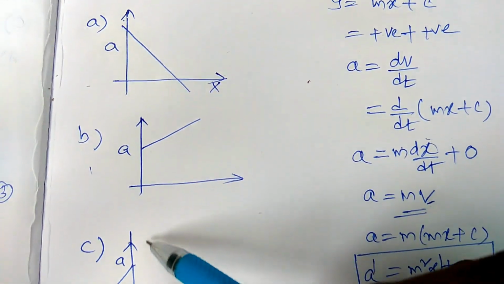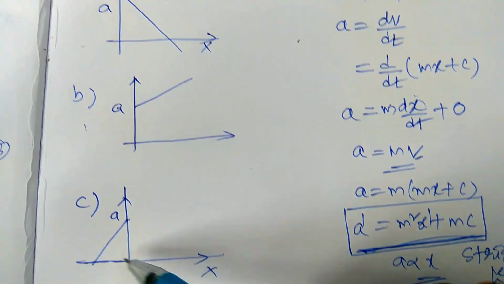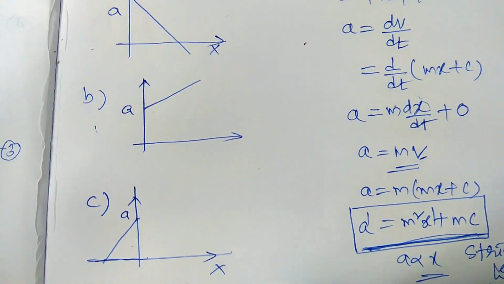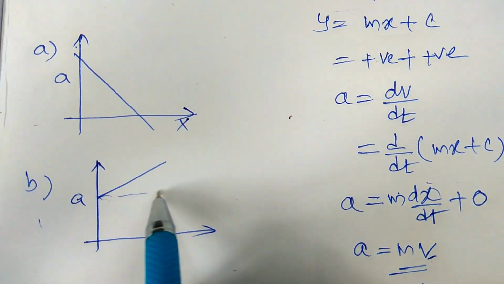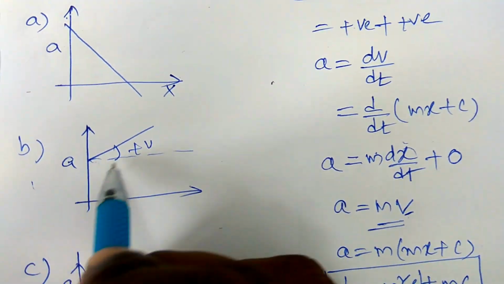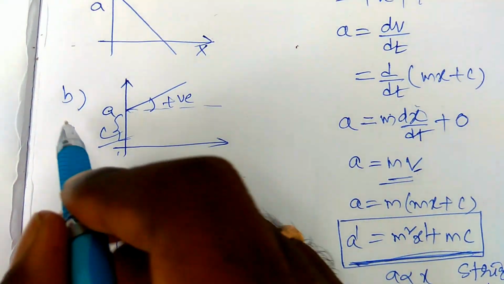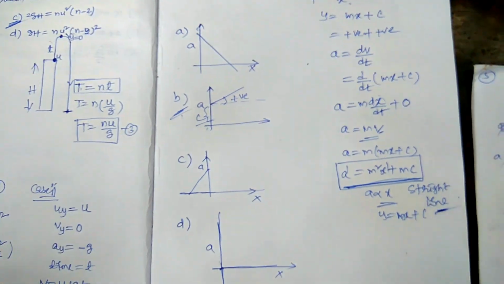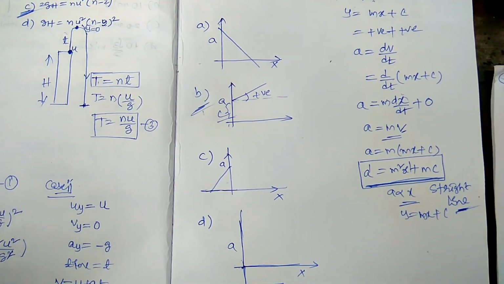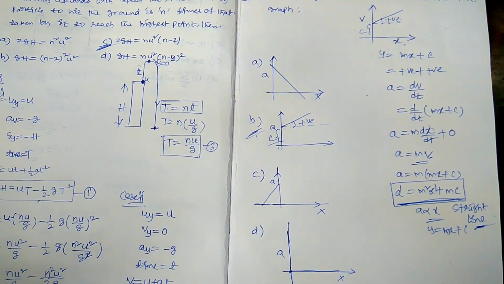Which we have to understand is that the slope is positive, and there is a constant c, which is also positive. Option B is the right answer, which we have to learn from above.